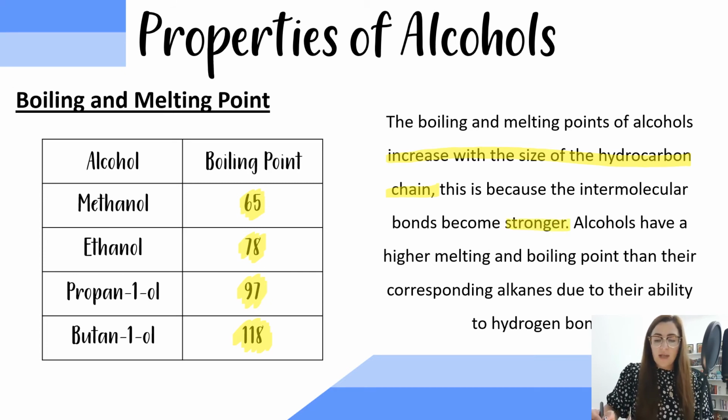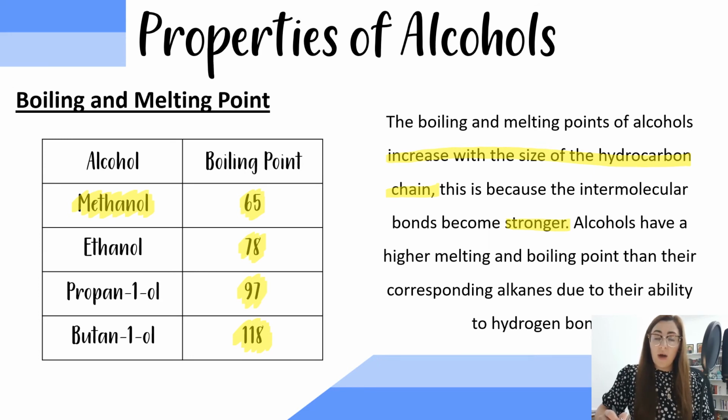So alcohols have a higher melting and boiling point than their corresponding alkanes because they can hydrogen bond. So for example, if we're comparing methanol to methane, we know that methanol has hydrogen bonds in between its molecules because it has the hydroxyl group which can hydrogen bond. Methane is made up of just carbons and hydrogens, therefore it's non-polar, it only has LDFs.